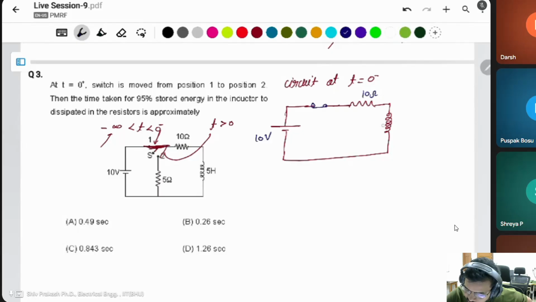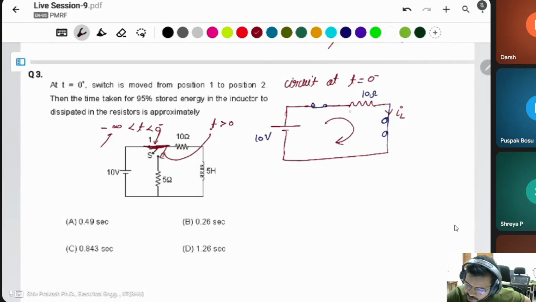That's why the circuit behaves like a steady state. In a steady state, you know the inductor is a short circuit, and you have to find the inductor current. What is IL in this case?